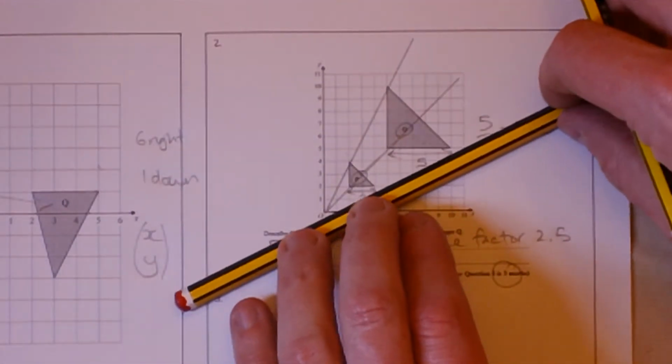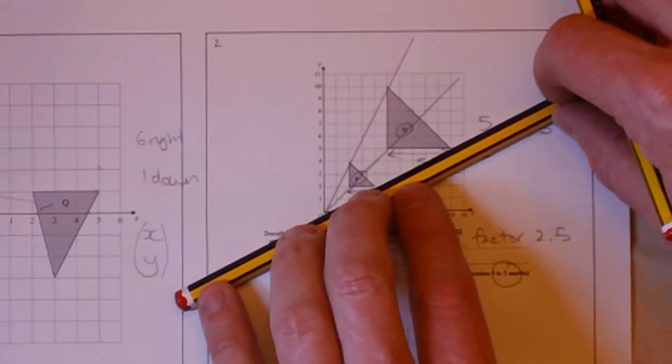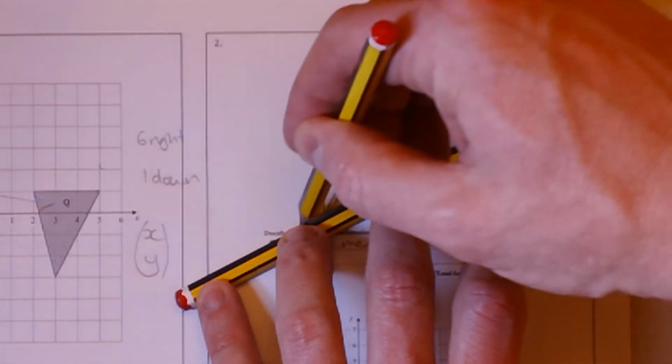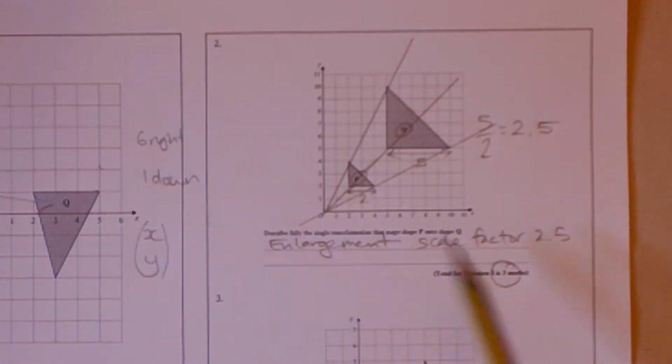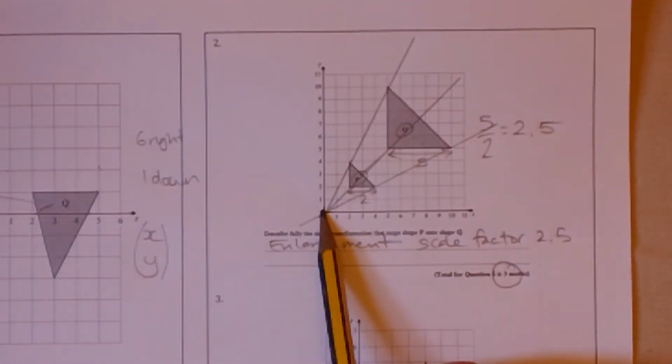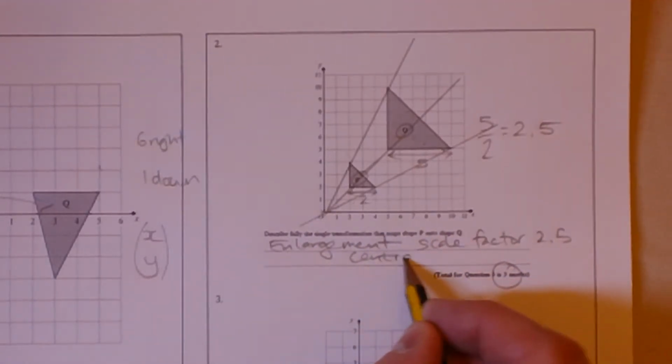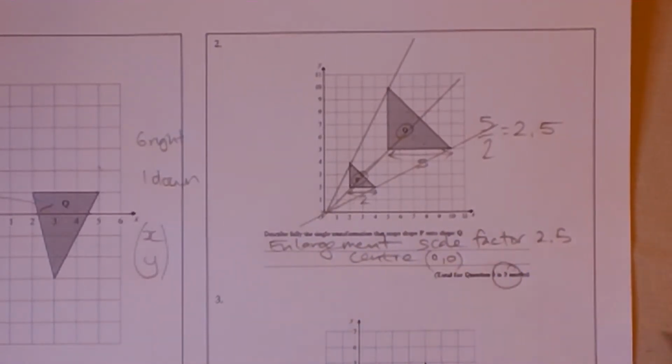Those lines will all cross at one point if you do it accurately. The point at which they cross is here at the origin, 0, 0. That is your centre of enlargement. Centre 0, 0.